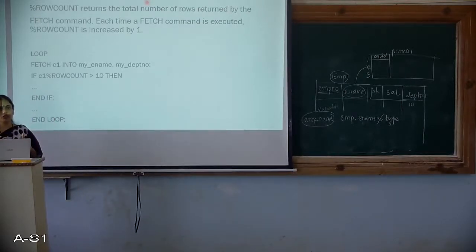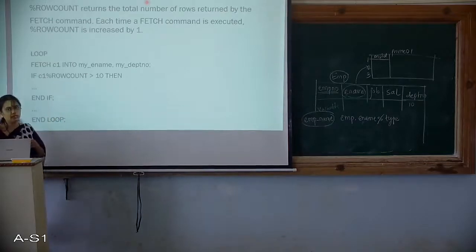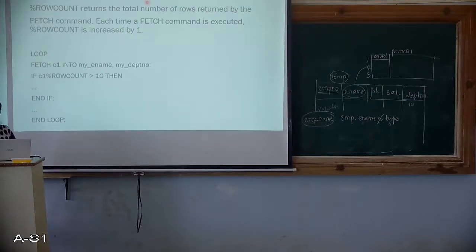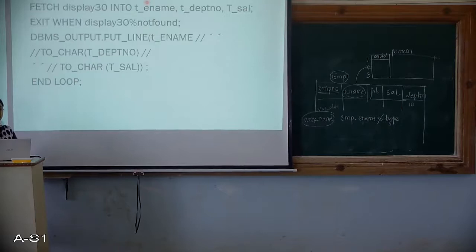If it is less than something, you want to do something. So you can play with the row count that gives you the exact number of rows which are already fetched, and it will keep on incrementing with every loop entry. Every time the loop runs and extracts one more tuple or one more row, the row count will keep on increasing.